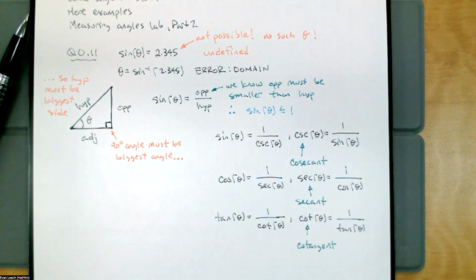We have to remember that sine and cosecant are reciprocals. Cosine and secant are reciprocals. Tangent and cotangent are reciprocals.